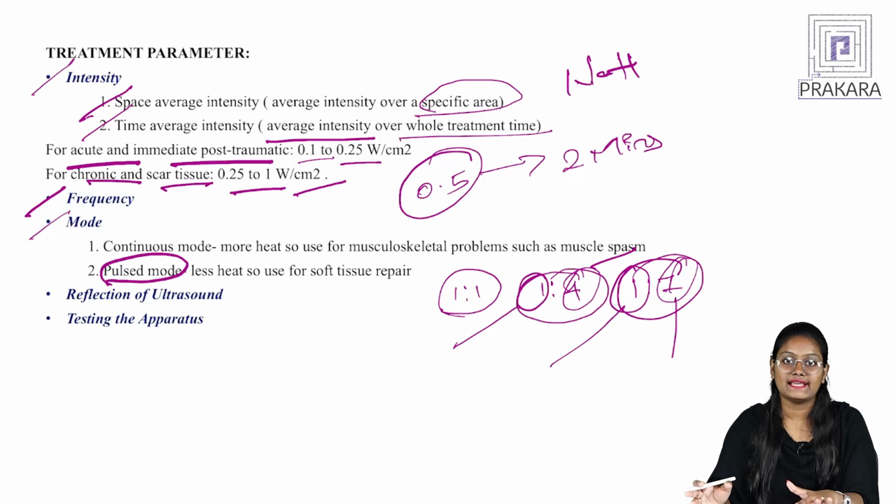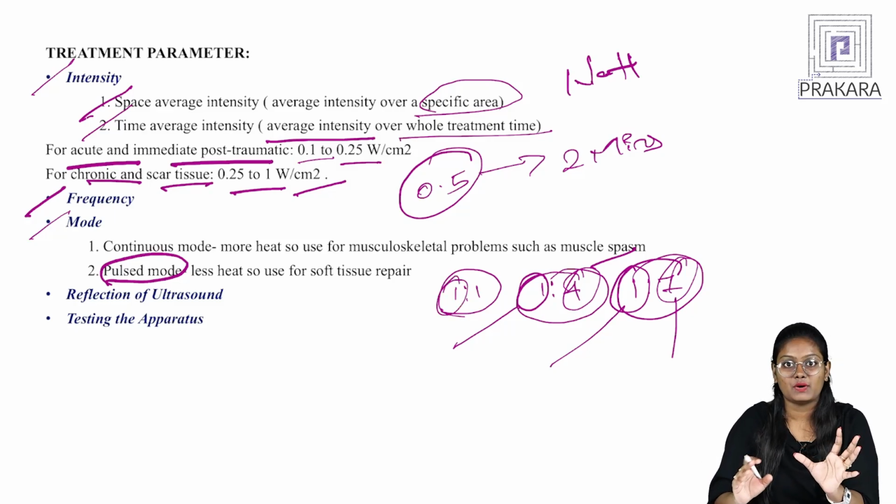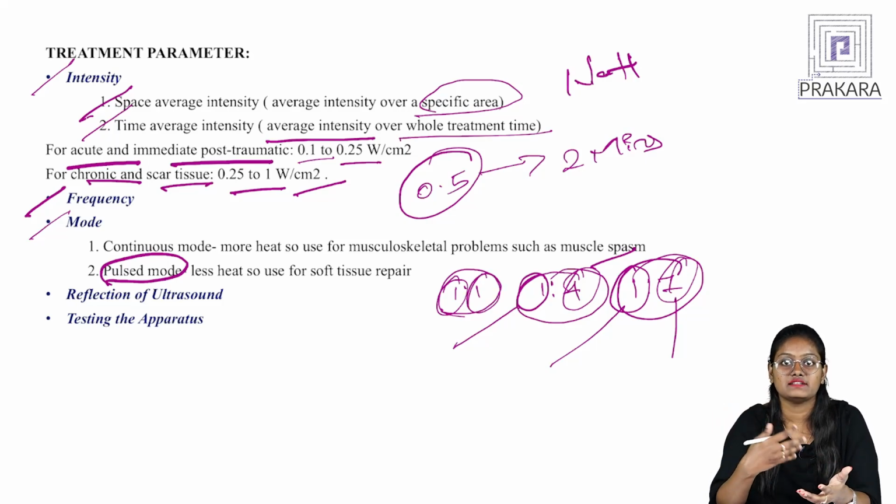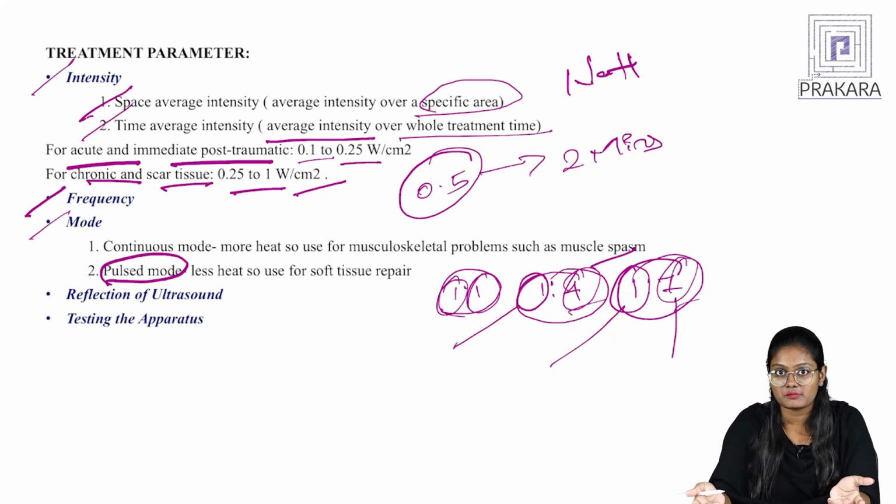This is also called the mark space ratio. The 1 millisecond where the ultrasonic beam is passing into the patient's body is called the mark, and the other 1, 4 or 7 milliseconds where no current is passed into the patient's body is called the space.